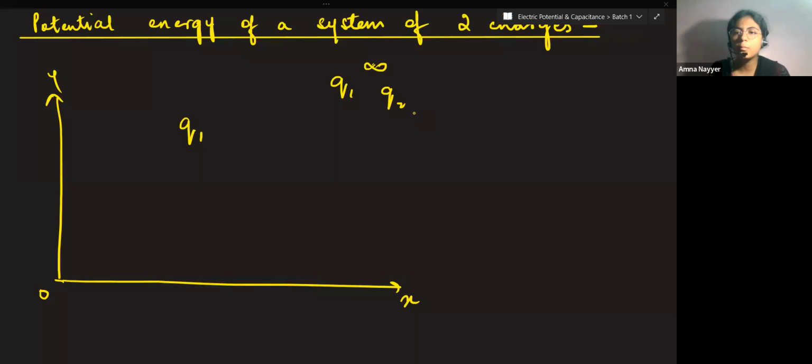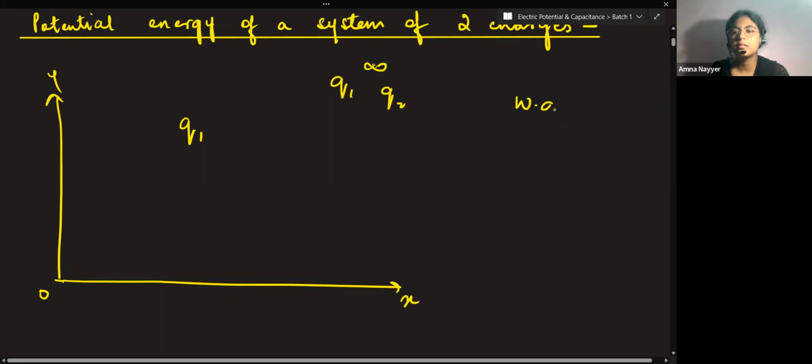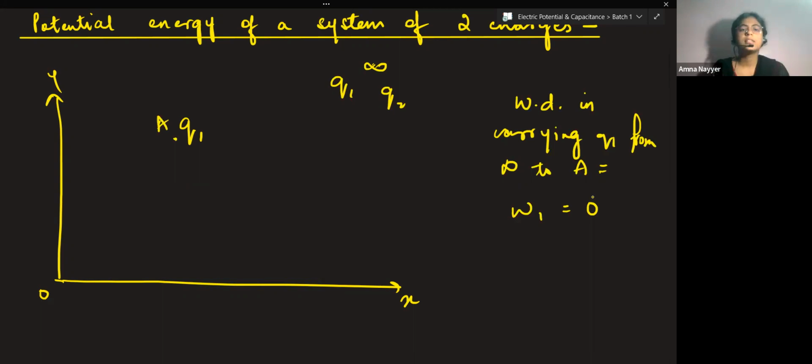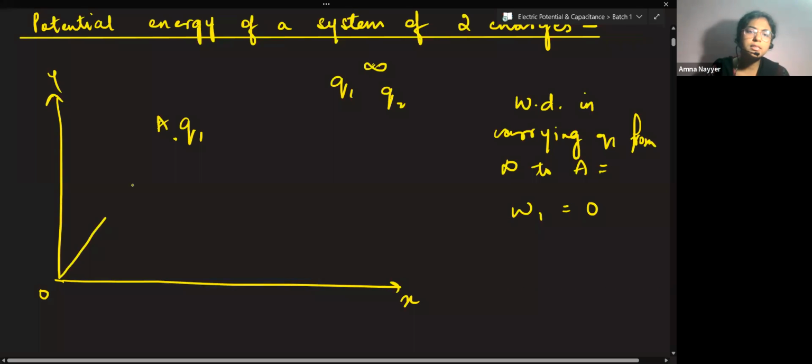The work done in carrying Q1 from infinity to, let's say, point A, this work done W1, is 0, because there is no other charge present to interact with it or exert force on it. Let's say this distance is the R1 vector. Now I have brought Q2.